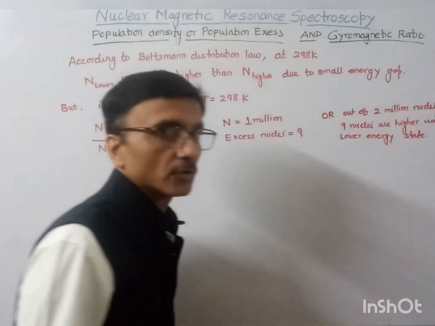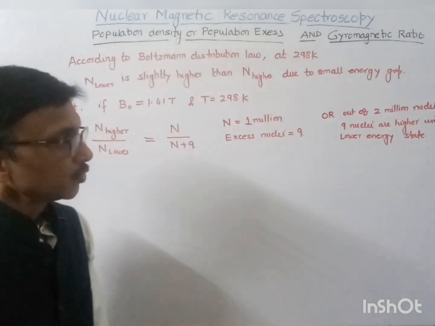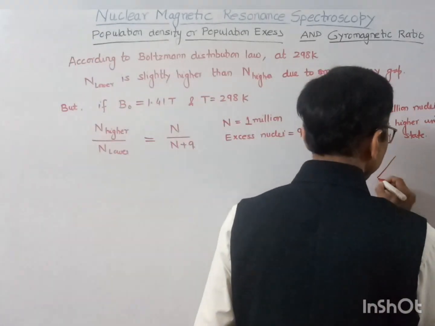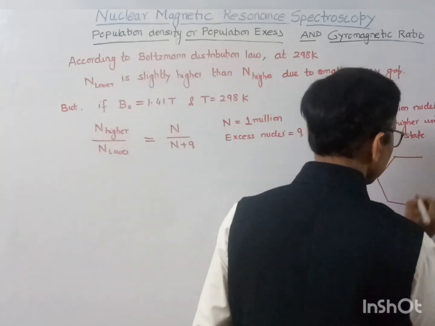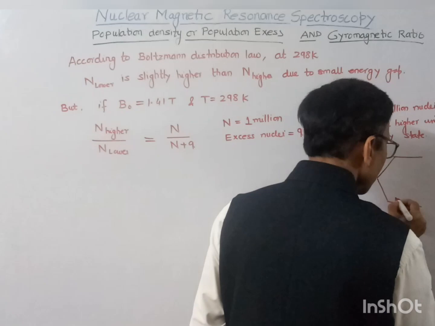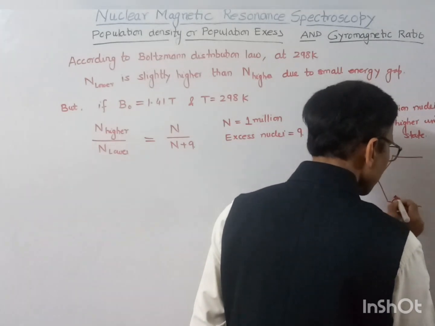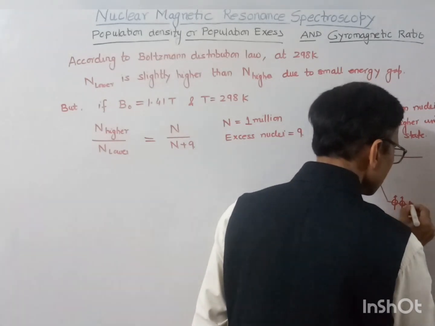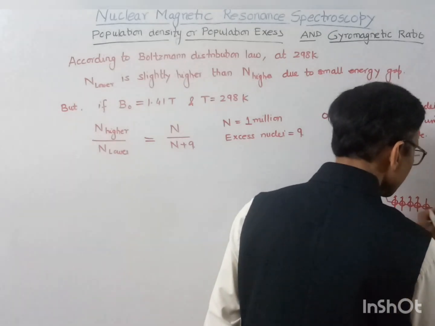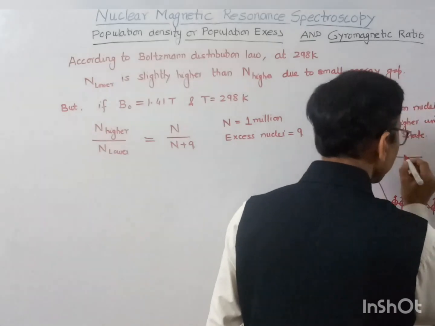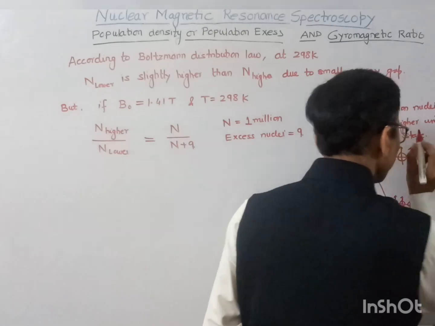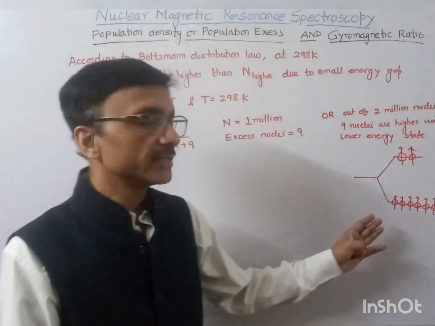Suppose this is the lower energy state and this is the higher energy state, then always in lower energy state the number of nuclei should be slightly higher. Then only we will get the NMR signal.